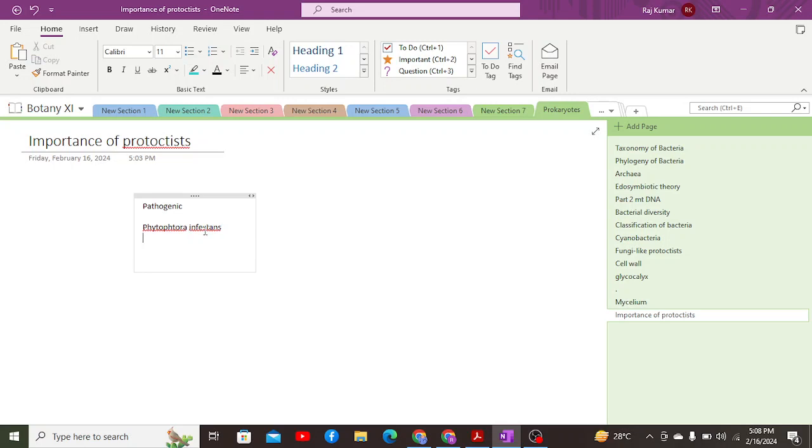Moreover, when it comes to some other diseases, Entamoeba histolytica is a Sarcodina rhizopoda, which causes amoebic dysentery. There is another amoeba which is written in our book, Naegleria fowleri, which is responsible for causing primary amoebic encephalitis.